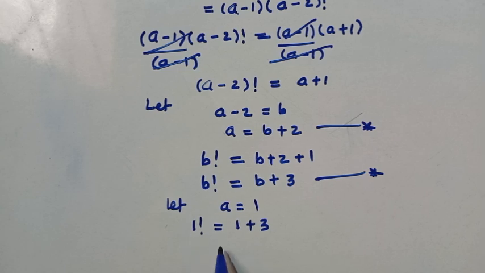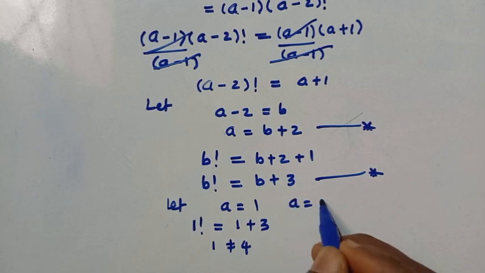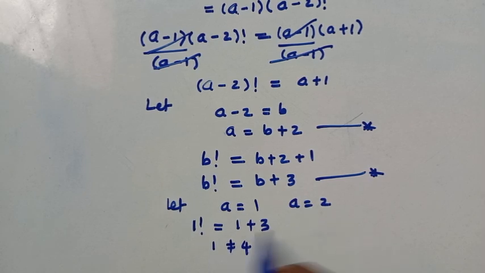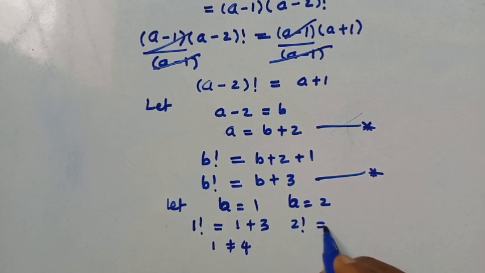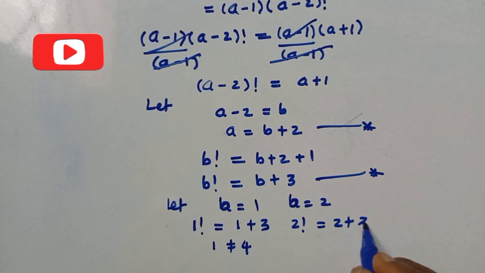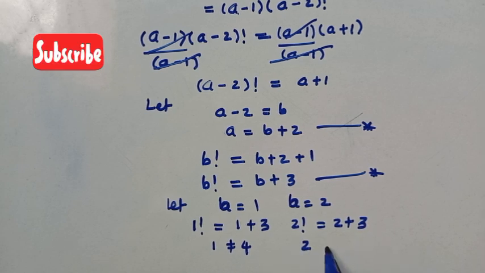But 1 factorial is 1, which is not equal to 4. When b equals 2, we have 2 factorial equals 2 plus 3. And 2 factorial is 2, which is not equal to 5.